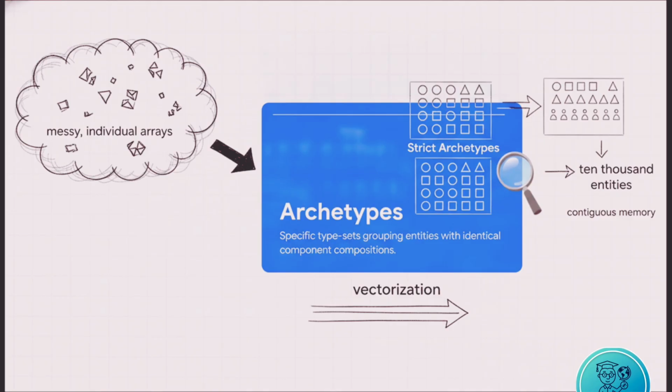Instead of keeping messy individual arrays for every single component, arrays that easily get broken, we group entities into strict archetypes. If 10,000 entities all have components A, B, and C, they belong to the ABC archetype and are stored safely together. This brilliantly and safely restores our contiguous memory and totally saves our vectorization.